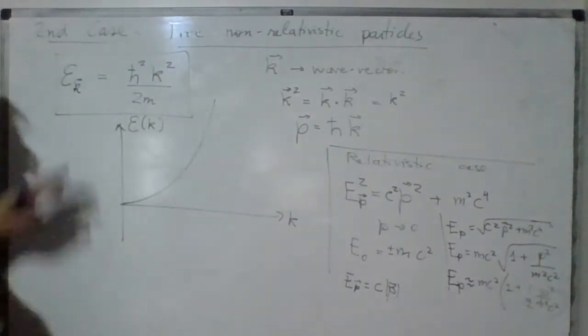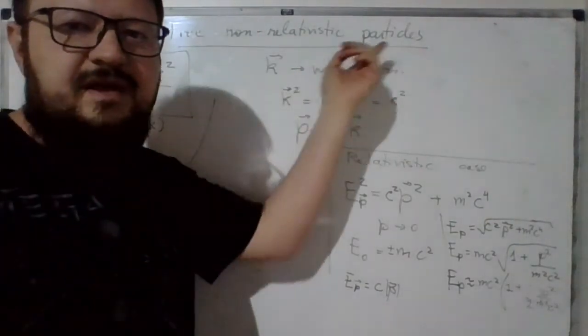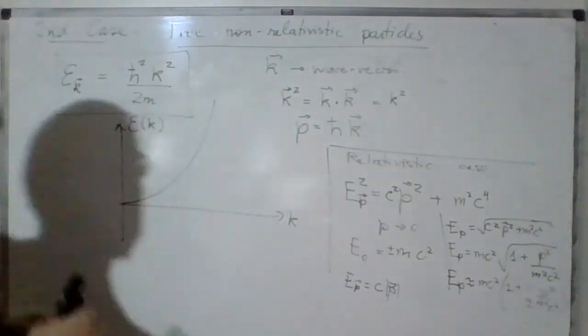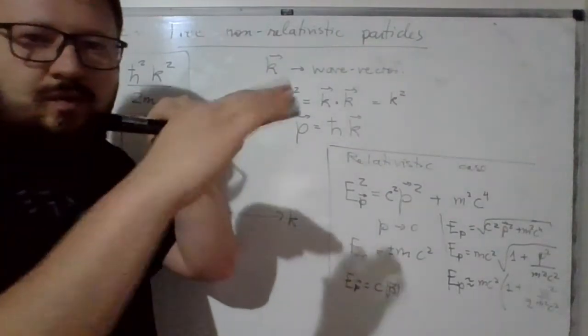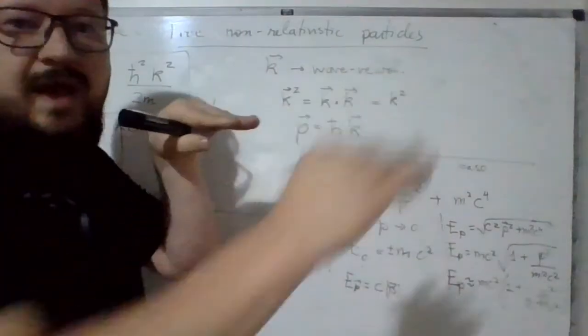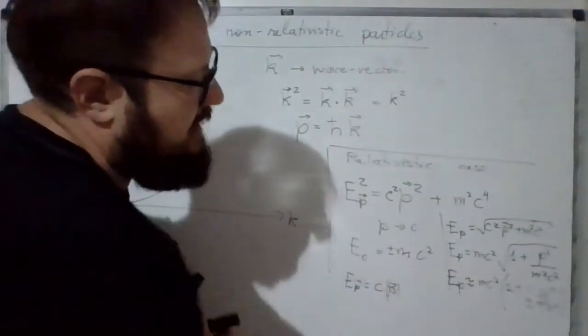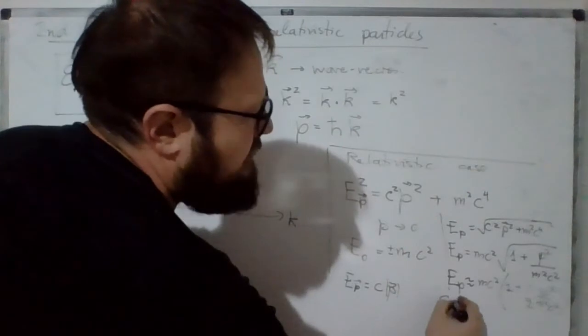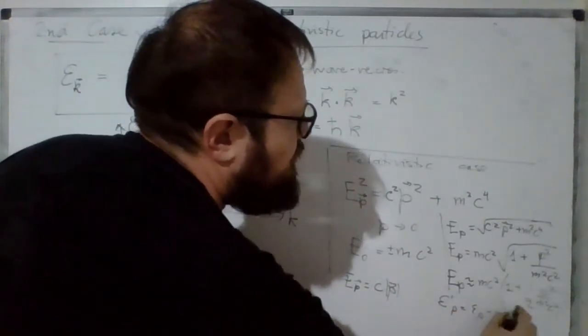Okay, but here let us focus on the case of free non-relativistic particles. I can measure energies with respect to mc squared. So I can write the energy E prime of p is equal to E of p minus mc squared.